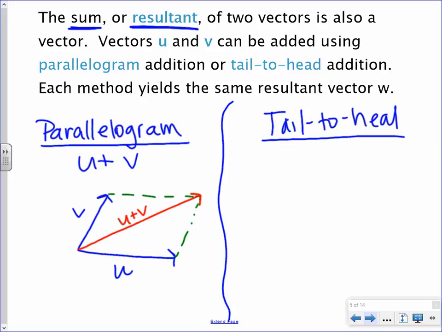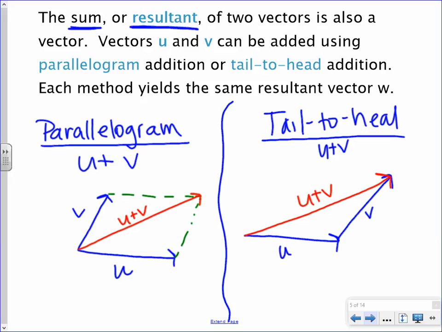Tail to head means for u plus v, you're going to plot u in standard position, but then at the head of u, you will begin the tail of v, and then you would connect them for u plus v. So you get the same vector, it's just two different pictures to get there.